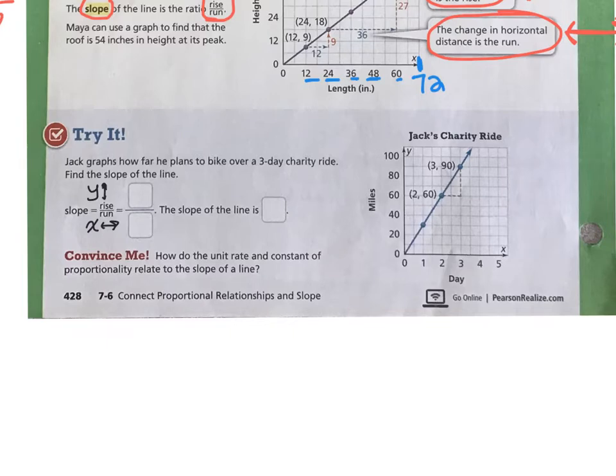In this case, notice on the graph that they are finding the distance between the x values and the y values. From the point (2, 60) to the point (3, 90), we've moved over a total of 1 on the x-axis. We moved from 2 to 3. On the y-axis, we went from 60 to 90, so we moved up 30.